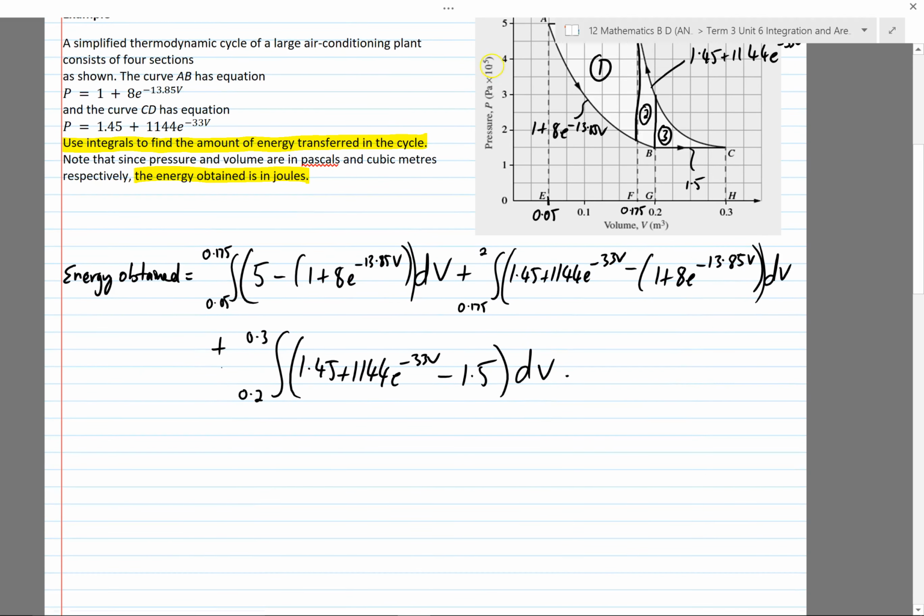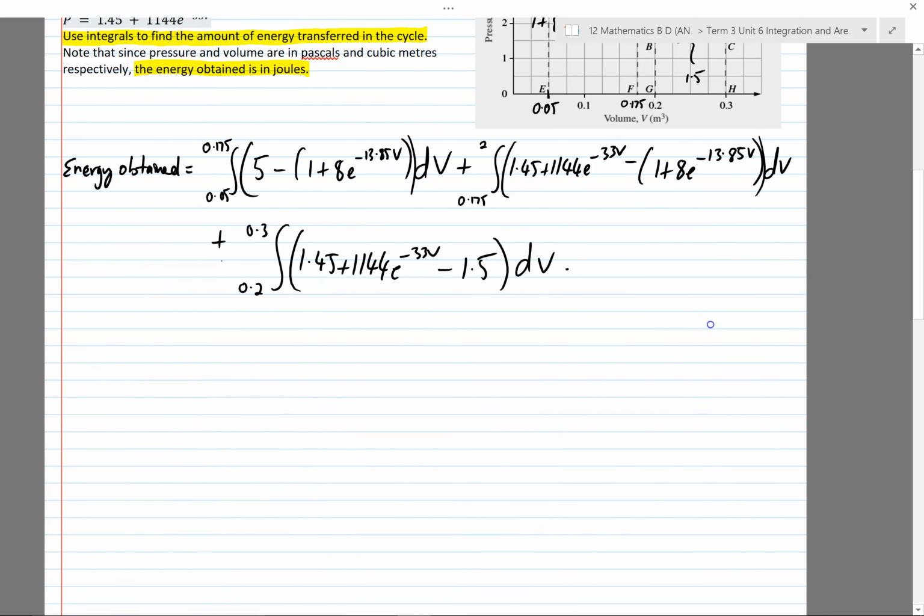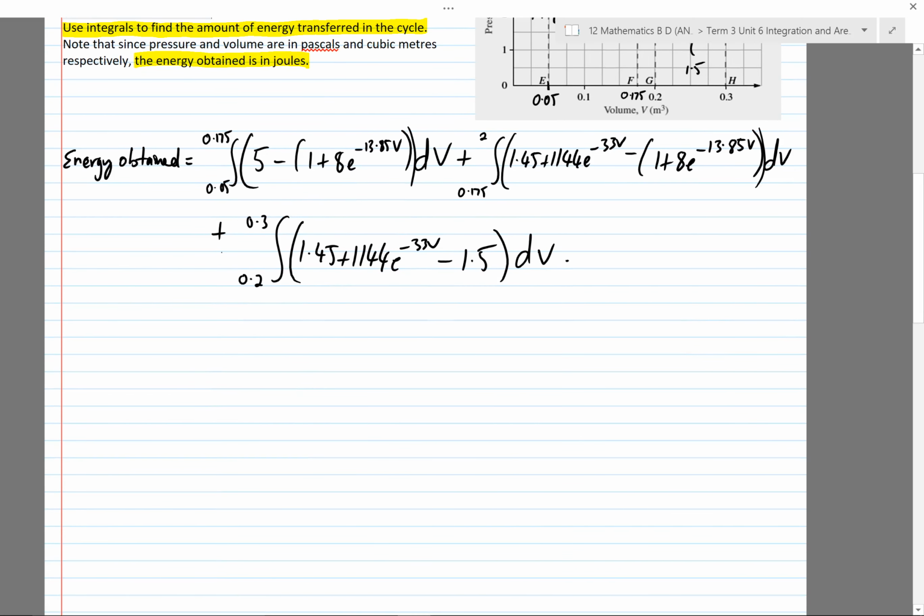I also need to just note that my pressure is in pascals times 10 to the power 5, which means once I find my answer, I'll need to apply the scale and multiply by 10 to the power 5. So from here, I would go ahead and integrate all of these things.